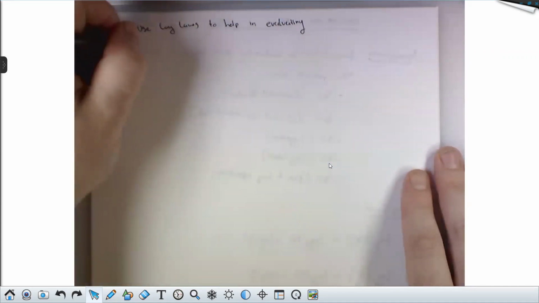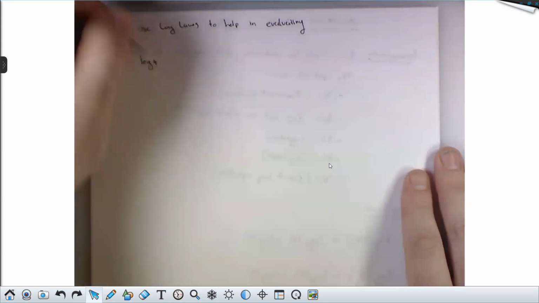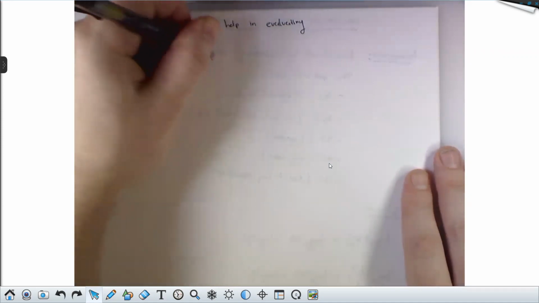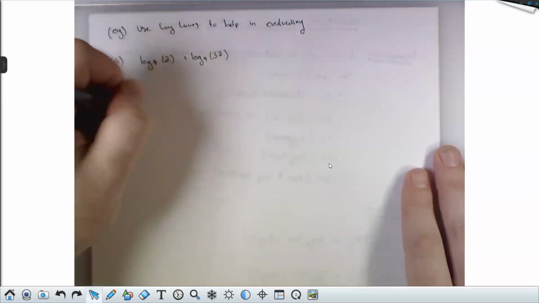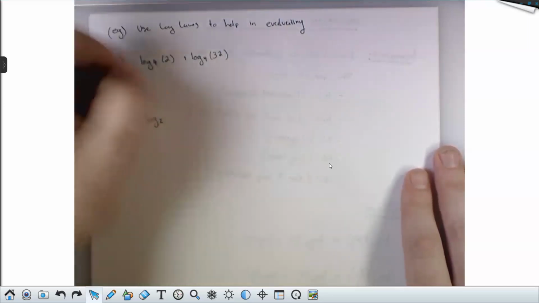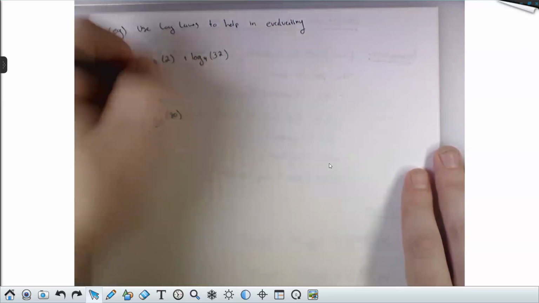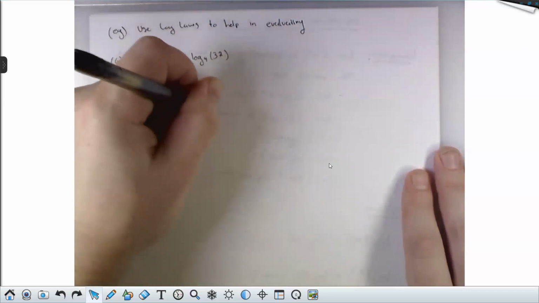So let's use log laws to help in evaluating the following expressions. The base 4 log of 2 plus the base 4 log of 32. And the base 2 log of 80 minus the base 2 log of 5.